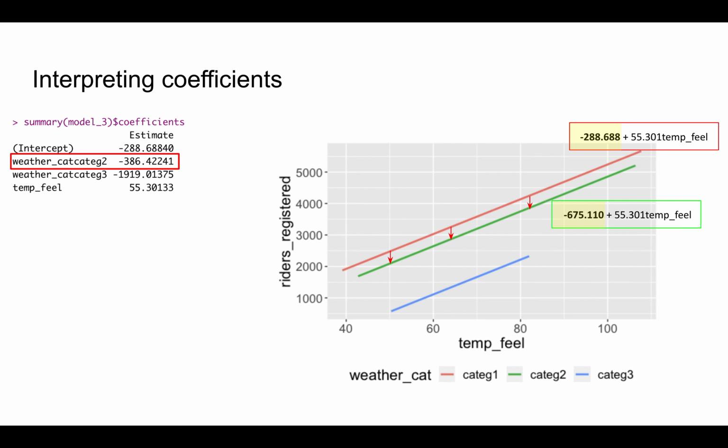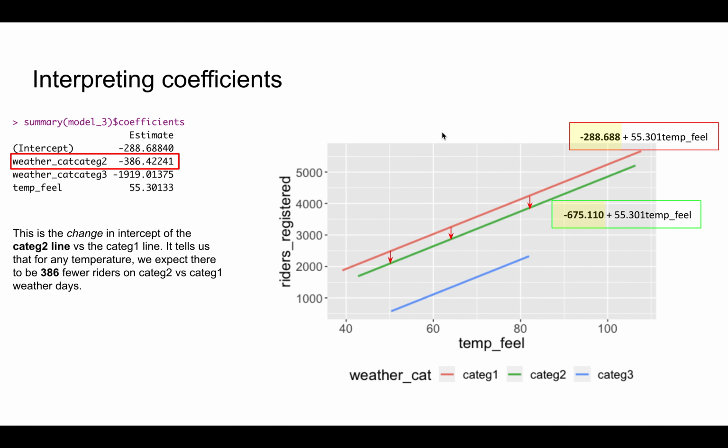Since the two lines are parallel, notice that this bump between the two lines is the same across the entire model, not just at the intercepts. Thus, at any temperature, we expect there to be 386 fewer riders on Category 2 versus Category 1 weather days.